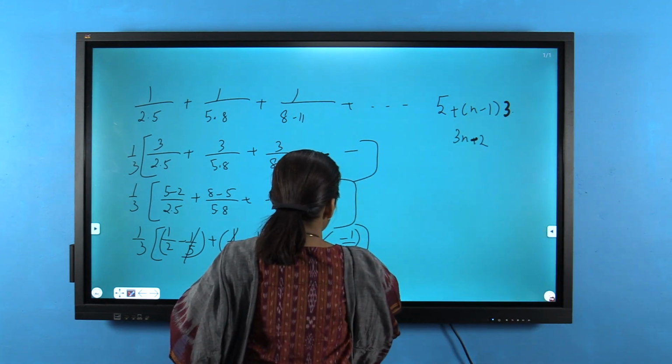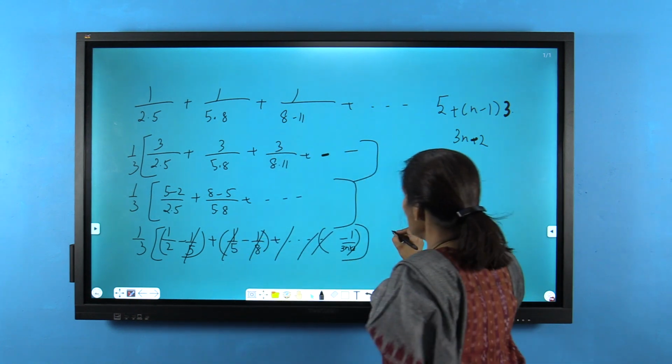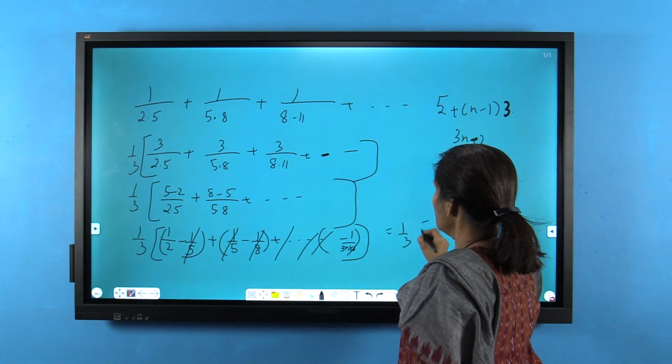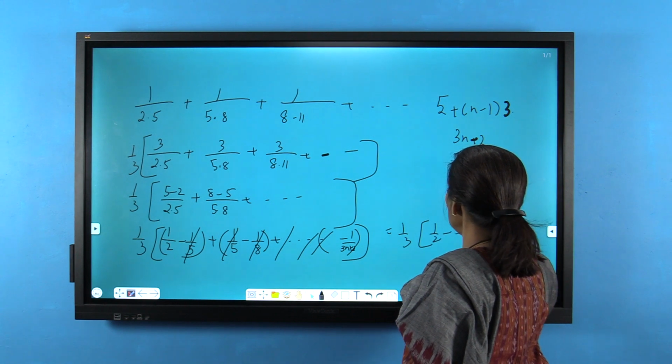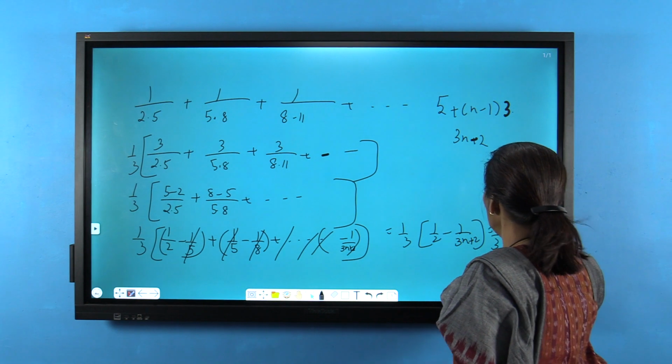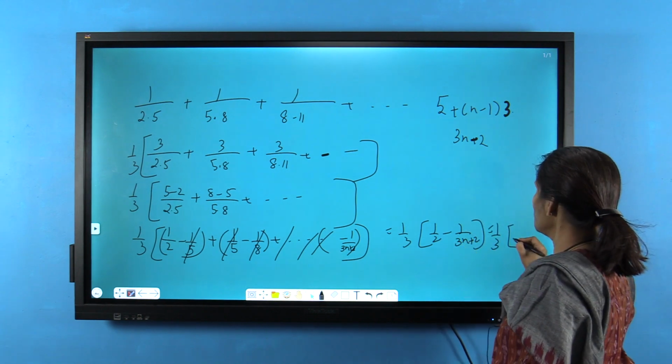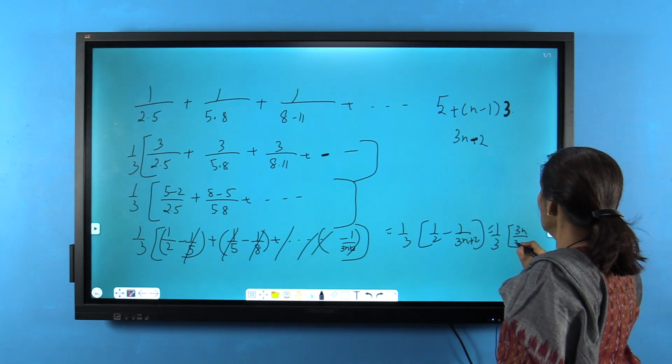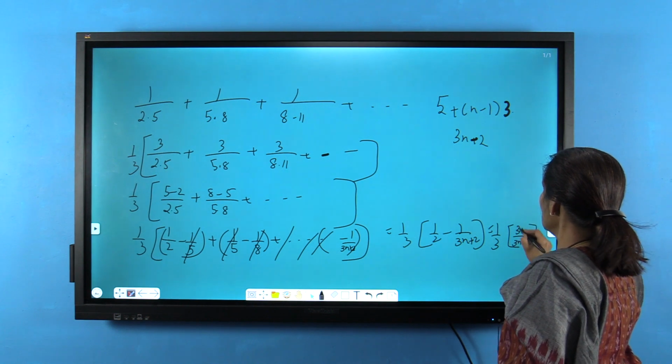So, 1 by 3n plus 2. What is your answer? 1 by 3 into 1 by 2 minus 1 by 3n plus 2, that is 1 by 3 into 3n plus 2 minus 2, which is 3n divided by 3n plus 2. This is your answer.